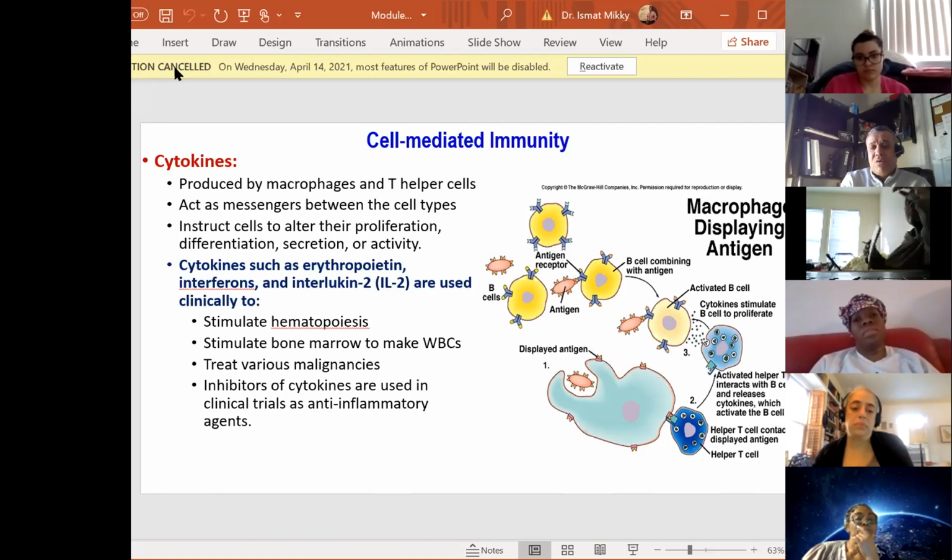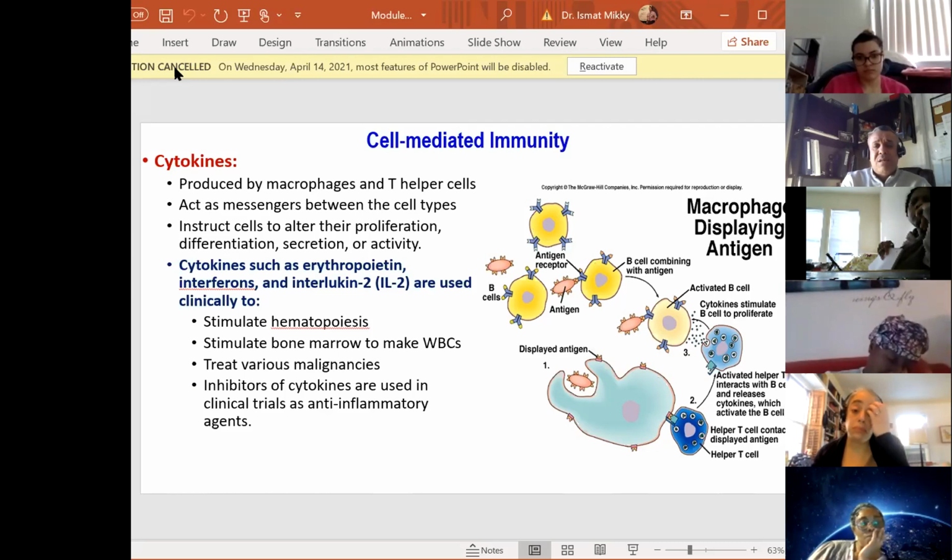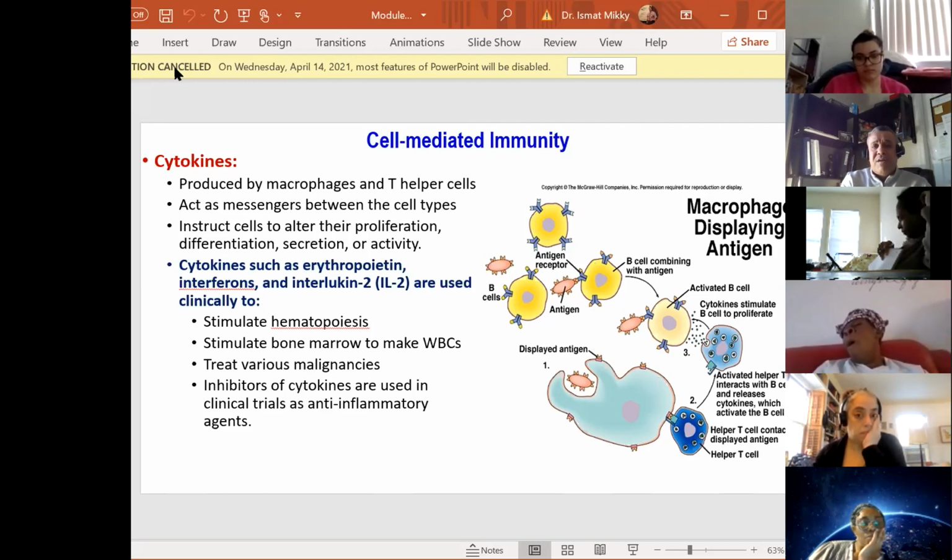It's one of these hormones, one of these cytokines, to stimulate the bone marrow to produce red blood cells. So patients with renal failure will have a problem producing this erythropoietin.